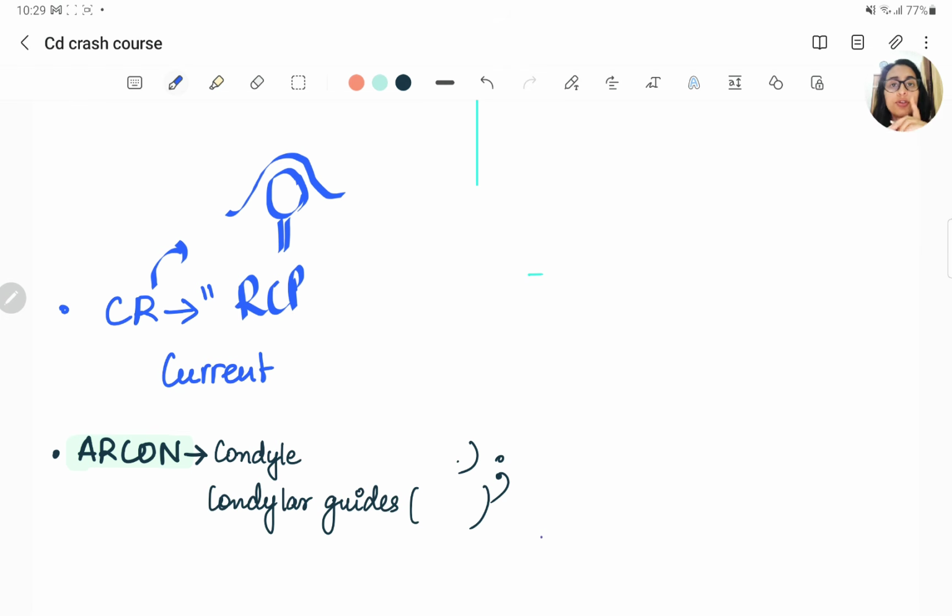Remember, centric relation is always bone to bone contact. It is not teeth to teeth contact, it is bone to bone. When we talk about the condyle and the glenoid fossa, that is what centric relation is. So retruded contact position is a previous definition. The current definition says when the condyle is present most anterior superior.